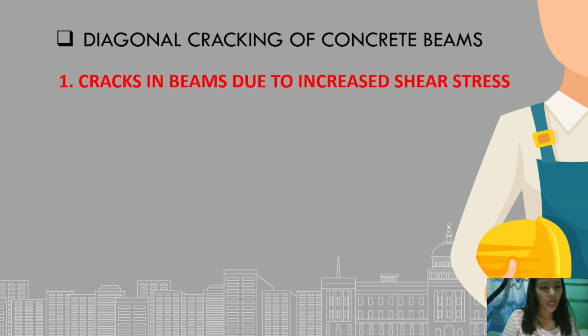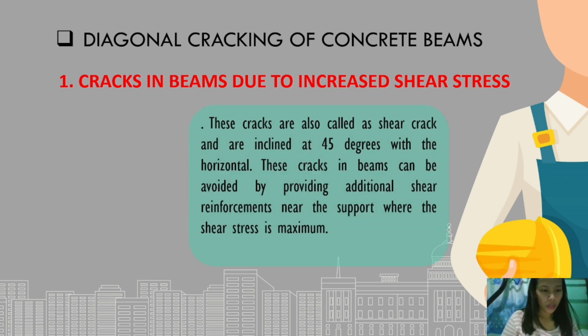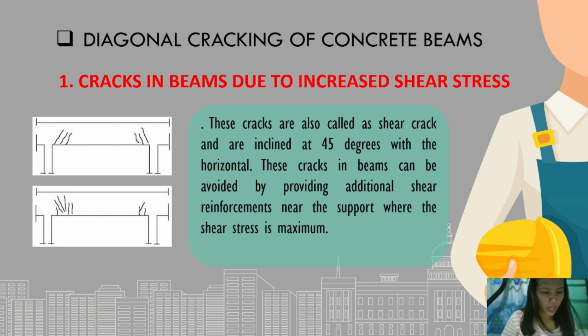First, the cracks in beams due to increase in shear stress. Cracks in concrete beams due to increase in shear stress appear near the support, such as a wall or column. These cracks are also called shear cracks and are inclined at 45 degrees with the horizontal.